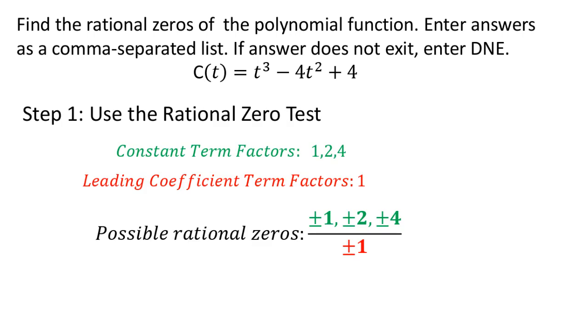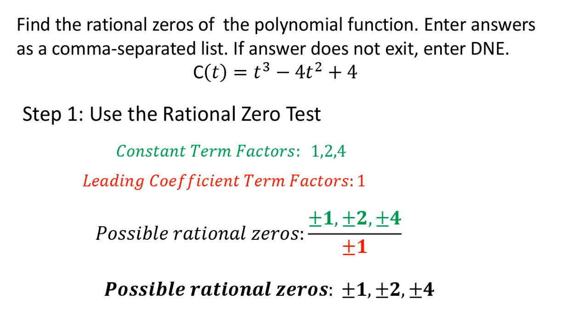Okay. So again, our constant is 4. Our factors of 4 are 1, 2, and 4. Our leading coefficient is 1, so it's just the 1. Now, I also want to mention that when we're doing this list, we don't want to include duplicates.